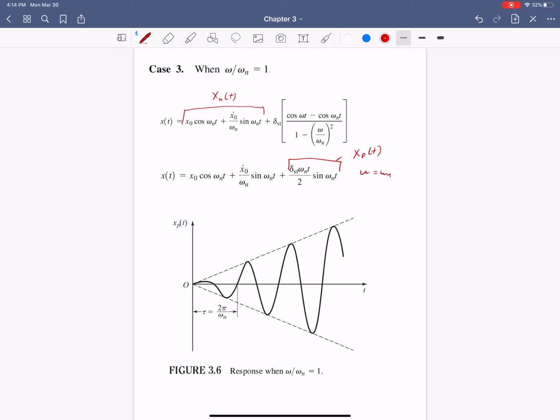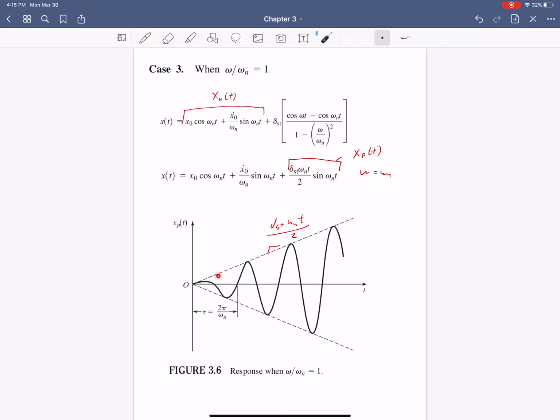And what you're going to see is that over time, these ones, cosine and sine, vary, but they don't change their amplitude. In this one, we have sine, but we also have this t outside of it. So this slope here is dst omega n t over 2, okay?